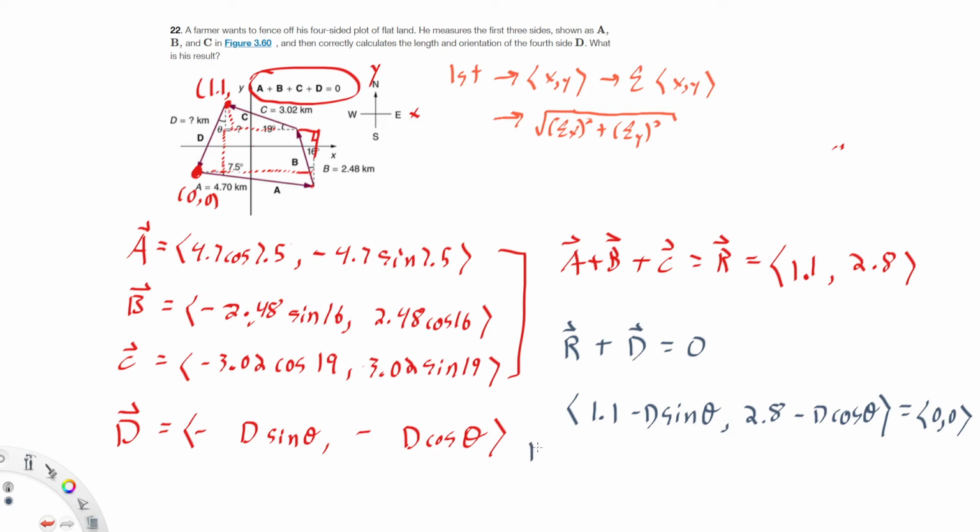Right, so we have something like 1.1 over sine theta equals D. That's from the x direction. And then we can plug that into the y direction and get 2.8 equals D cosine theta equals 1.1 cosine theta over sine theta.